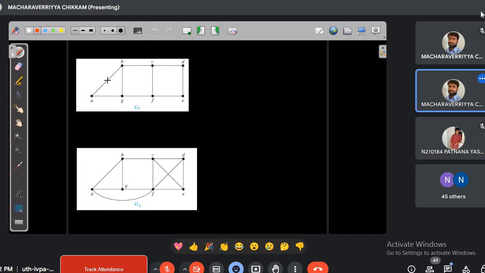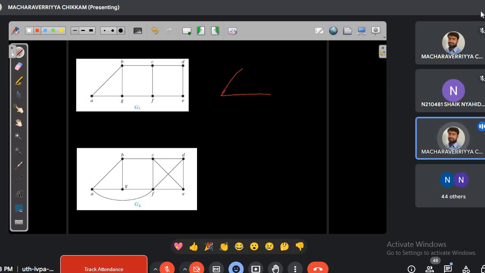What is it in the first graph? BG? How is BG going to be a cut edge? No. Okay, if by removing BG, this is the graph you are going to obtain.